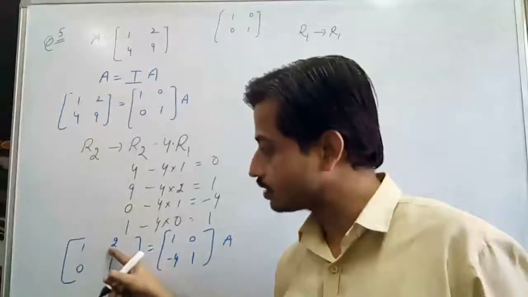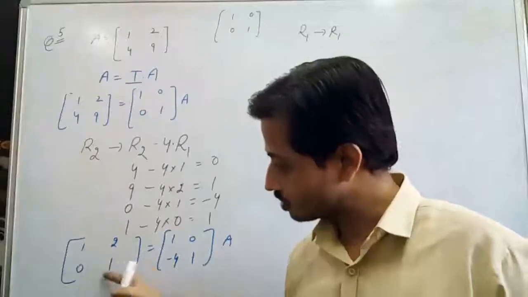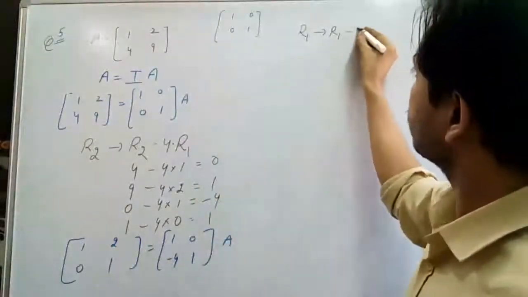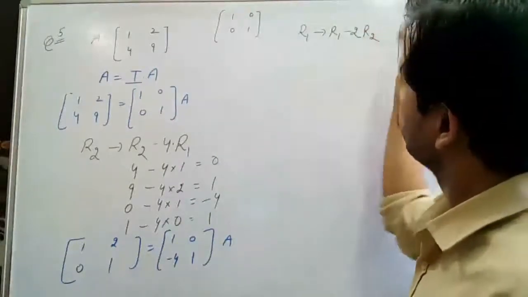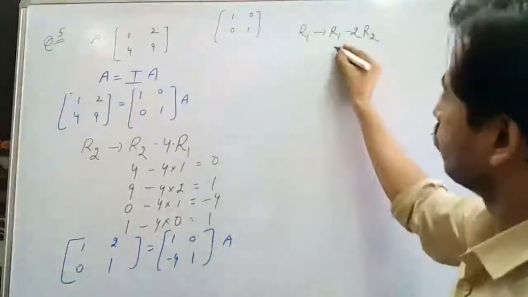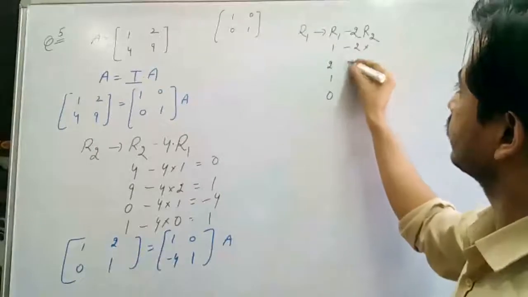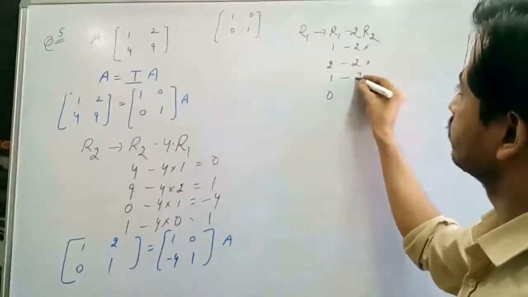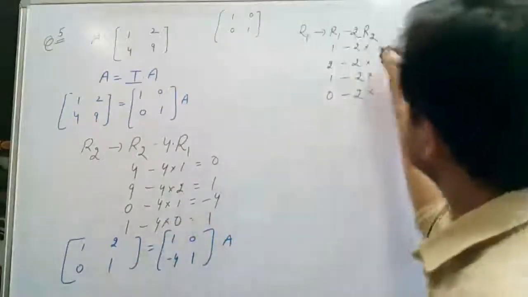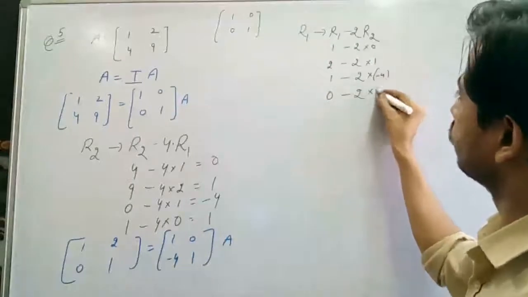What we have to do is obtain 0 here, and 2 minus 2 gives us 0. So first we multiply R2 by 2, then subtract. So R1 minus 2 into R2. Write the elements. R1 is 1, 2, 1, 0 minus 2 multiplied by R2, which is 0, 1, minus 4, 1.